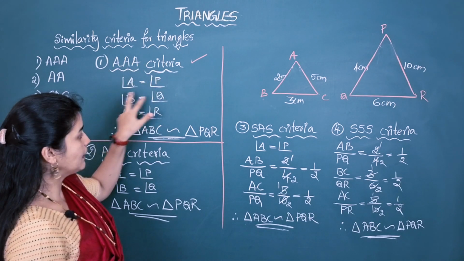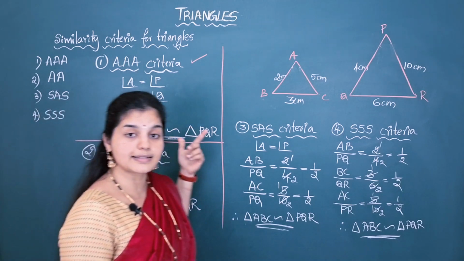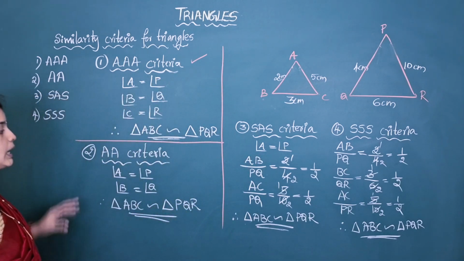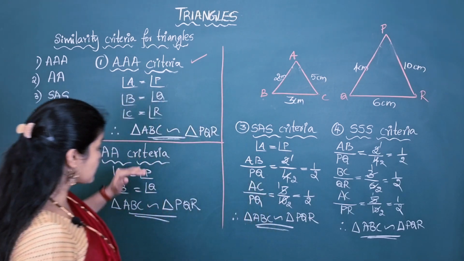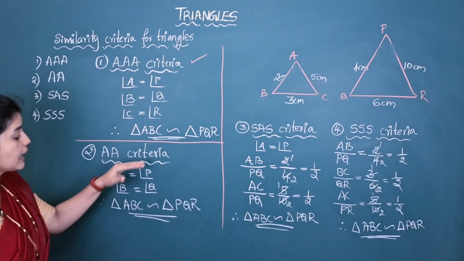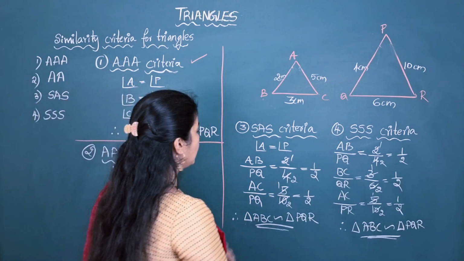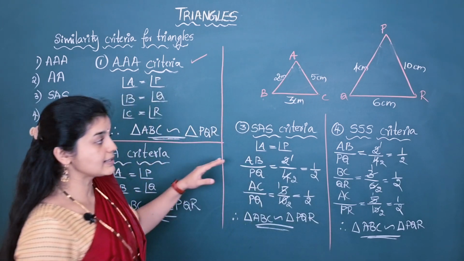A is equal to P, B is equal to Q, C is equal to R, then we can say the two triangles are similar by angle criteria. Otherwise, if two corresponding angles of the given two triangles are equal, based on AA criteria, we can say those two triangles are similar.